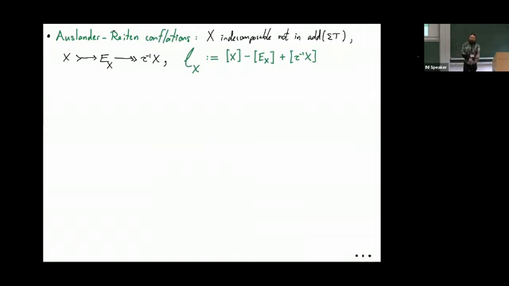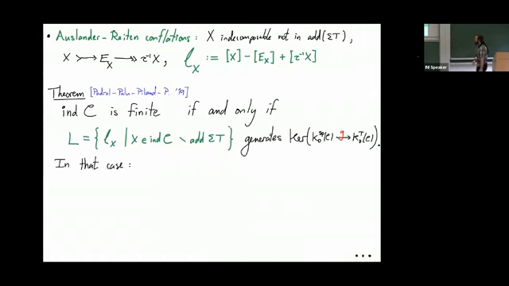Notations now. And the first result, obtained with Arnaud, Jan, and Vincent, is that your cluster category has finitely many indecomposable objects up to isomorphism if and only if the Auslander-Reiten sequences generate the relations of the Grothendieck group.